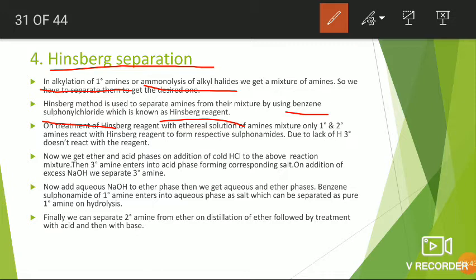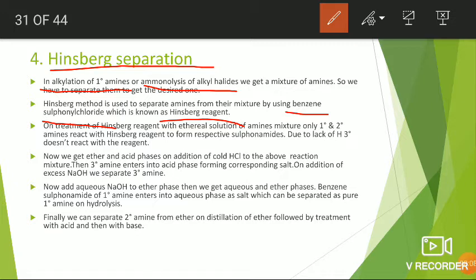The acid layer generally contains the quaternary ammonium salt. Due to its salt nature, it enters into the cold HCl solution. Then we have to separate these two layers, aqueous acidic as well as organic layer, by using a separating funnel.